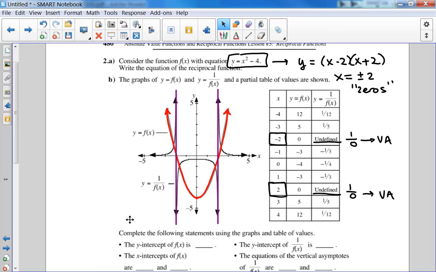So what's the next thing that we should look at? If we are interested where the original function was 0 and then got the VAs, now we want to work towards what's the other key point? Not 0, but 1. So what happens when the function is 1? It's the same. So where's the function 1?